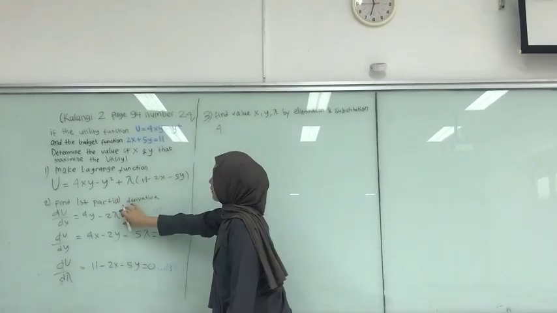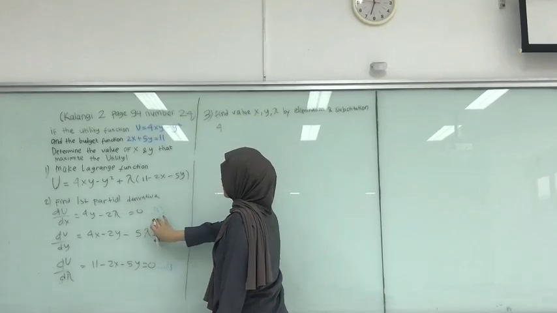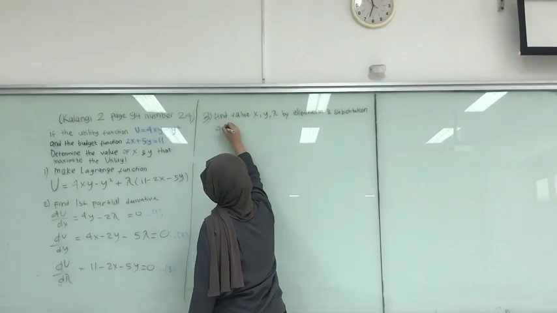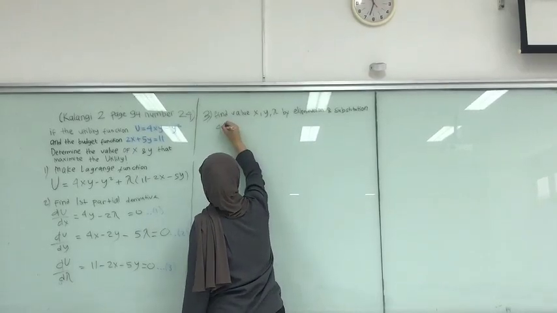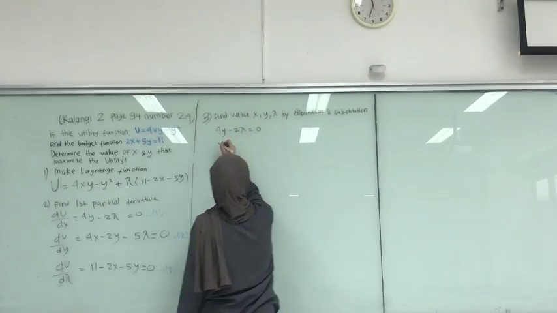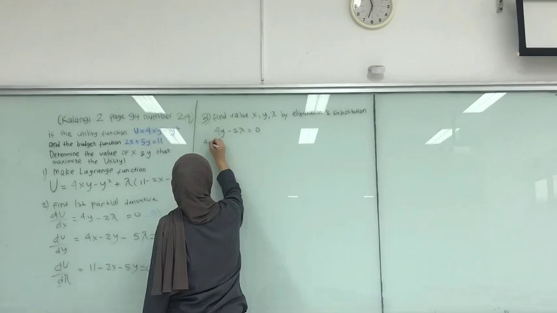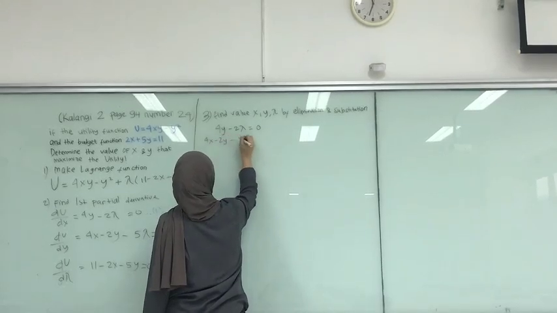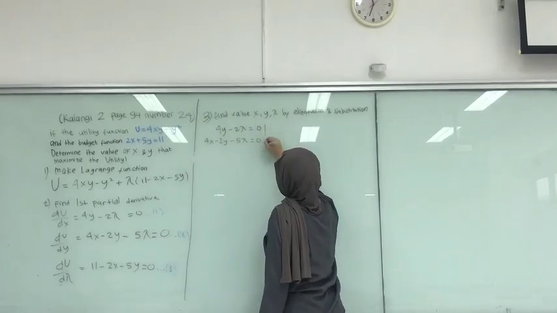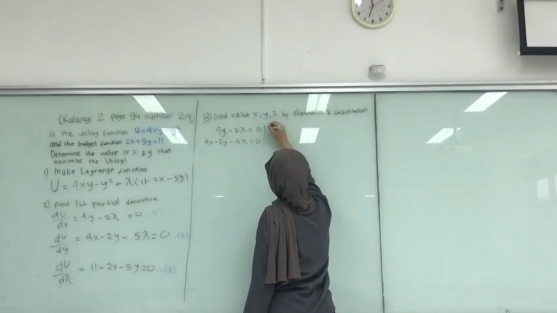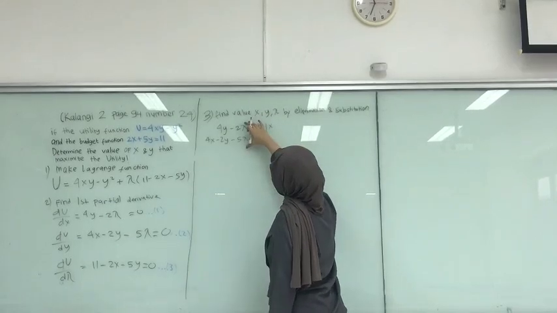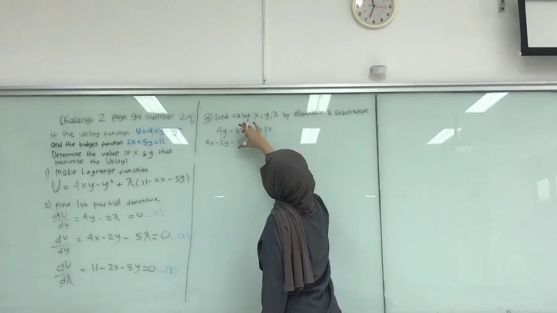We eliminate the lambda here by using the first and second equation. We're going to make the lambda have the same constanta.